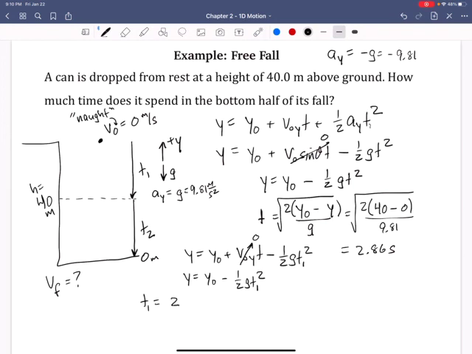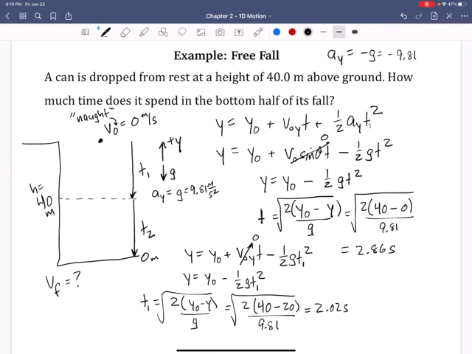In this case, the initial height is 40 and the final height is 20, right? For this middle time, or this time here, the final position is 20 meters. And g is a constant 9.81, right? In this case, it should be a value of 2.02 seconds.